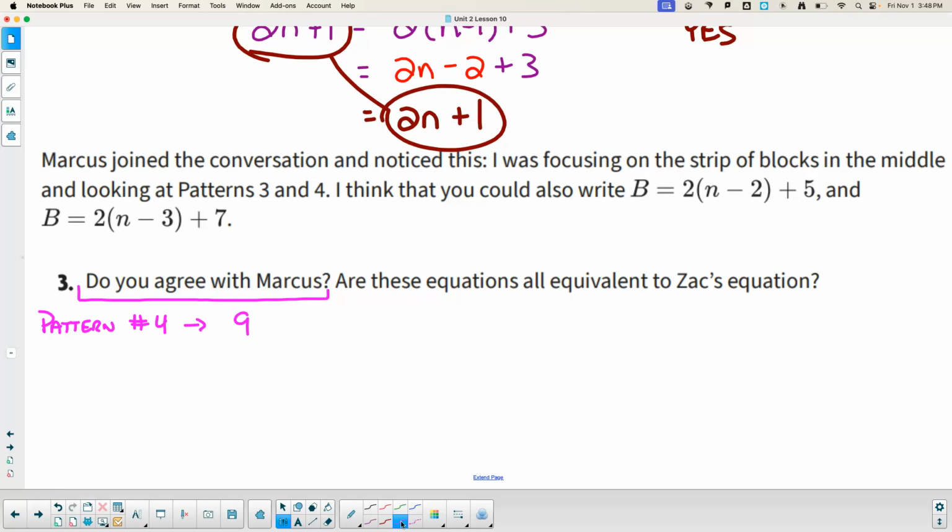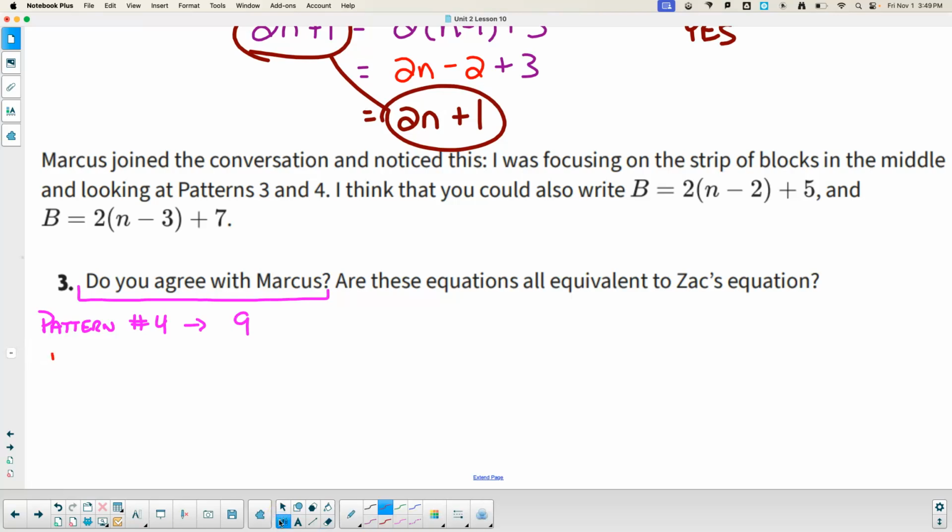So if we plugged in the pattern number into both of those equations, we should get 9. Correction, if I plugged in 4 for the pattern number, we should get 9. Sorry, I misspoke there. I was getting ahead of myself. So in the first one, I don't need pattern. I've got pattern written already.